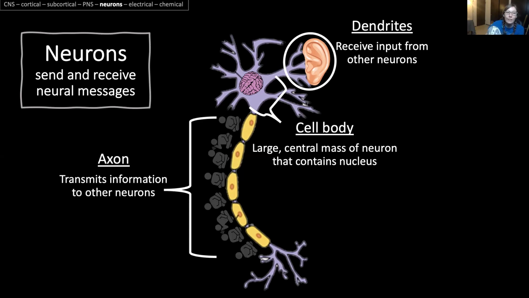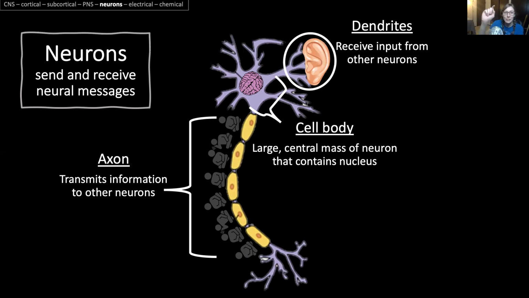So moving off from that, we have this long extension called the axon. Whereas the dendrites are your really short branch-like projections that extend from the cell body, the axon is the singular, long, bendy arm part. And the axon is what transmits the information.